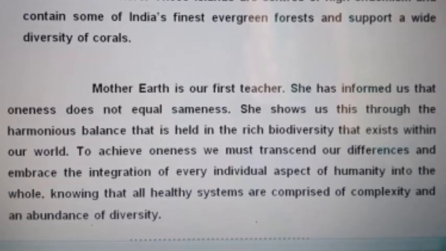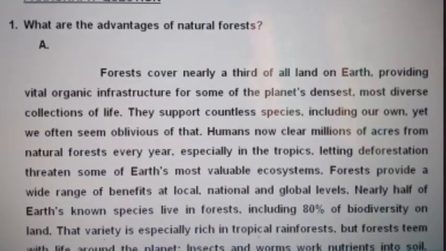Now we will discuss the remaining one paragraph question, that is, what are the advantages of natural forest? The answer is, forests cover nearly a third of all land on Earth, providing vital organic infrastructure for some of the planet's densest, most diverse collections of life.